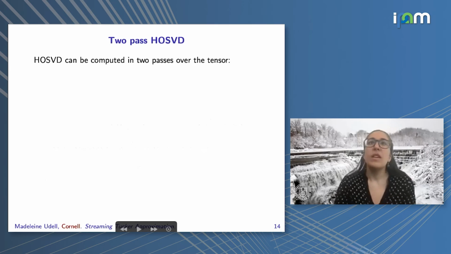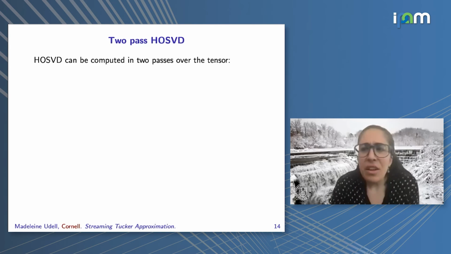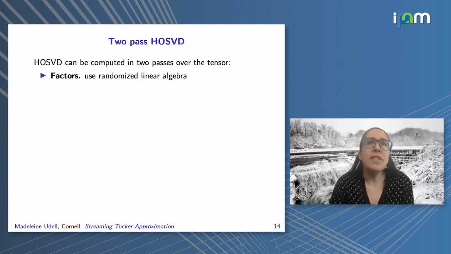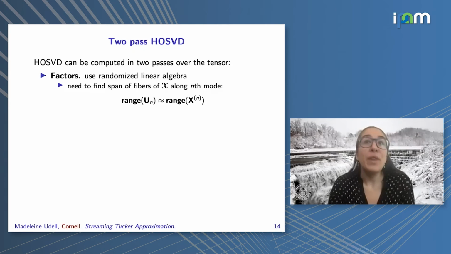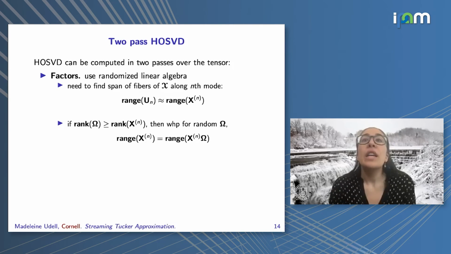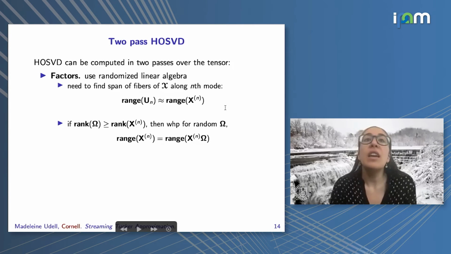Okay. So that leads to a pretty straightforward idea, which is a two-pass higher order singular value decomposition. The first step is to use randomized linear algebra to compute the factors. What I need is to find the span of the fibers of X along the nth mode. The way that I'm going to do that is using randomized linear algebra. So I'm going to take a random matrix omega.